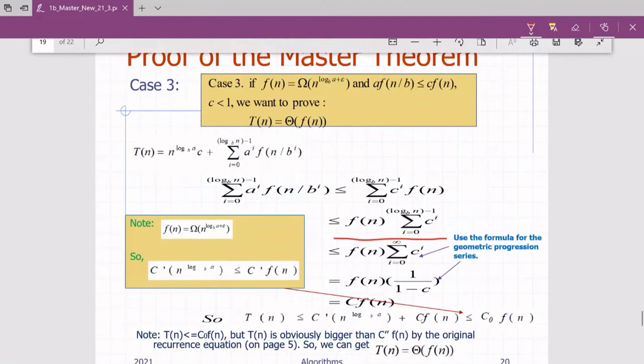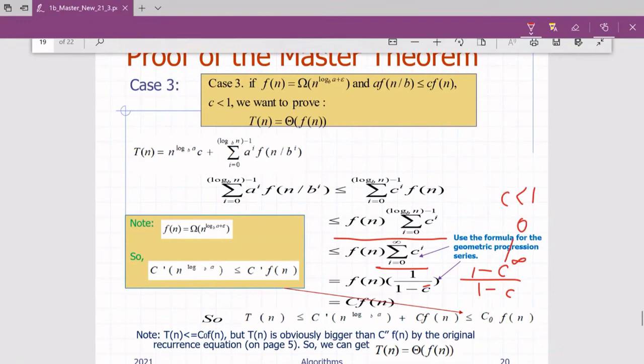We want to get rid of log_b n and less than or equal to, according to, again, the geometric progression series, this one will be 1 over 1 minus c. And because we have c to the infinity, c to the infinity will be 0, since c less than 1. That's the case.